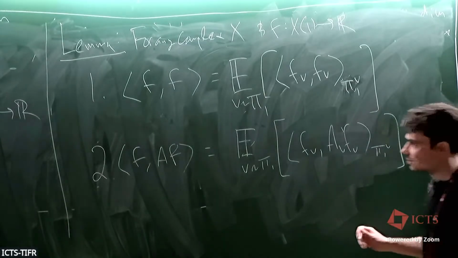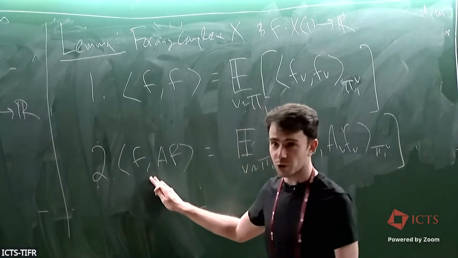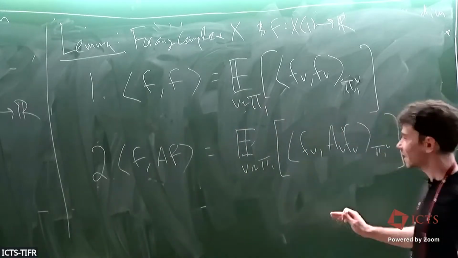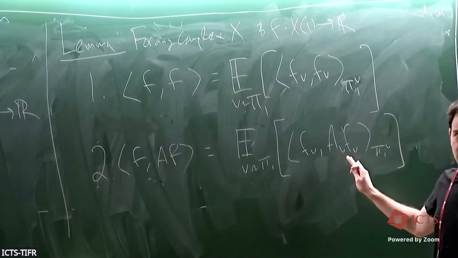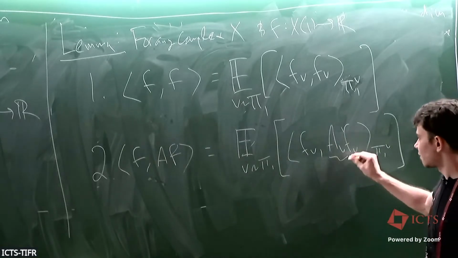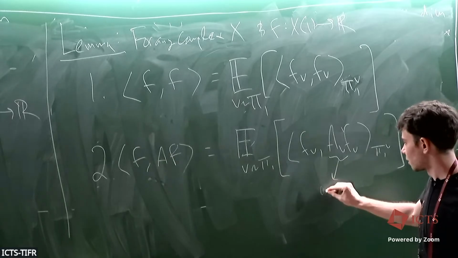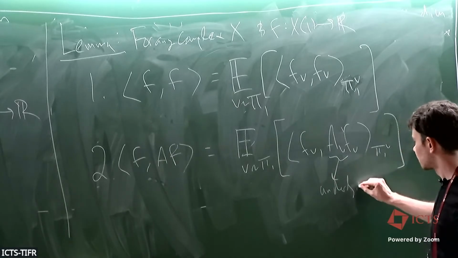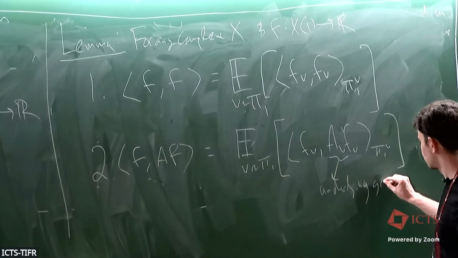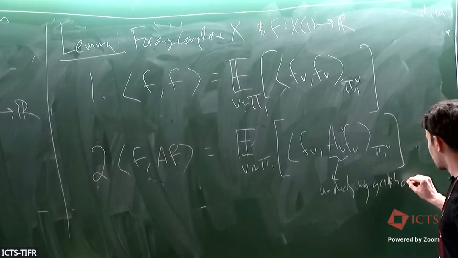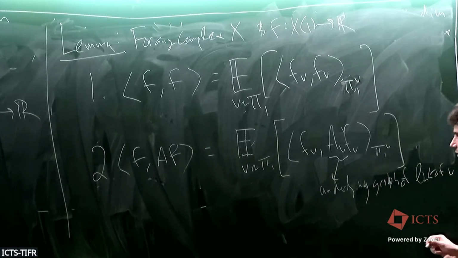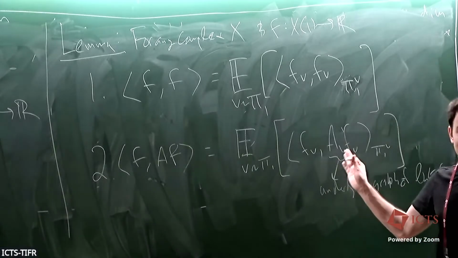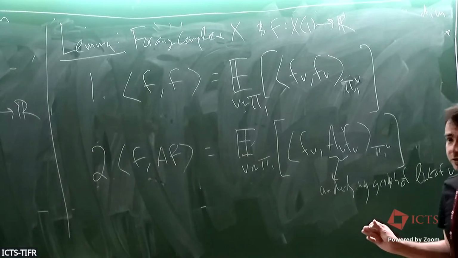So indeed, it turns out that this global quadratic form is exactly the expectation over vertices of the local quadratic form on the links, where this A_v is the underlying graph adjacency matrix of the link of v. In the three-dimensional case, the link just is a graph, so this just is the corresponding graph.